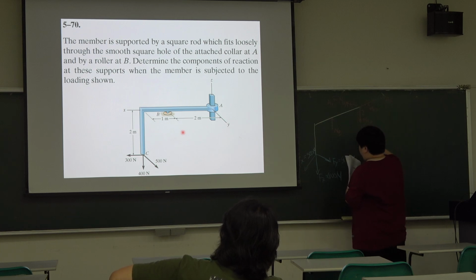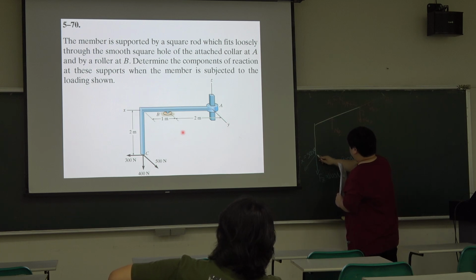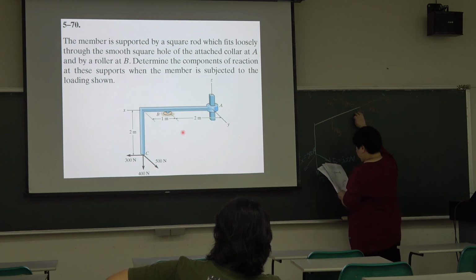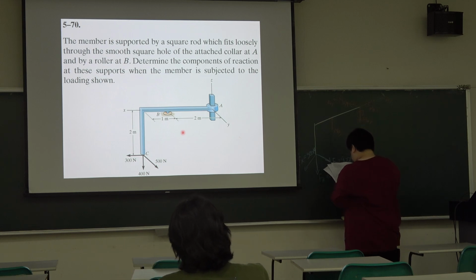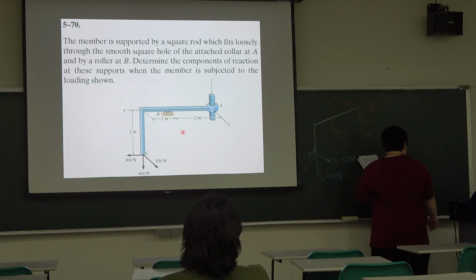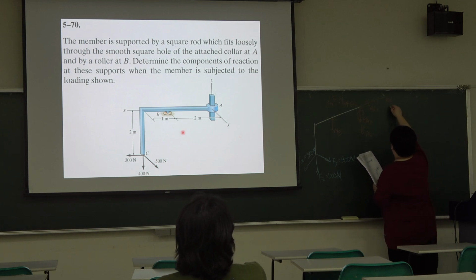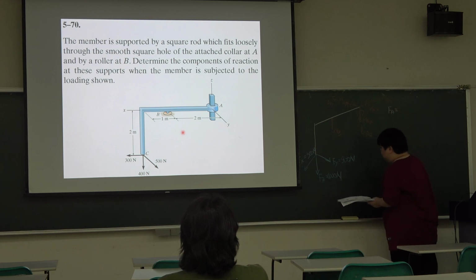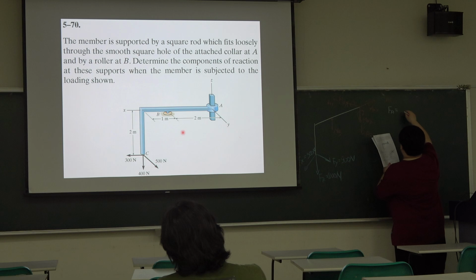If you set the moment point at another point, I think it's wrong because the support is here and the support is here. So we can calculate this part using vector analysis.